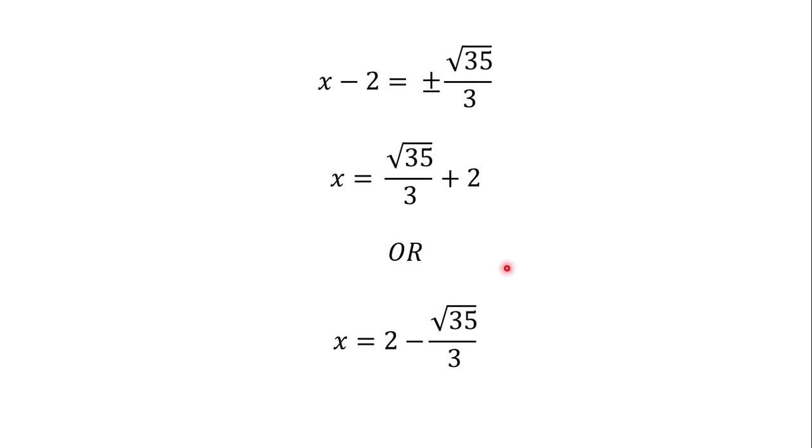Any of them that you put into the expression, you are going to get the same answer. If the answer we get when we put this one in is different from when we put this one in, we are wrong. At the end of the day, whether this one is positive or negative, any of them that you put into the expression should give you the same answer. The answer that this one will give should be the same as the answer that this one will also give.